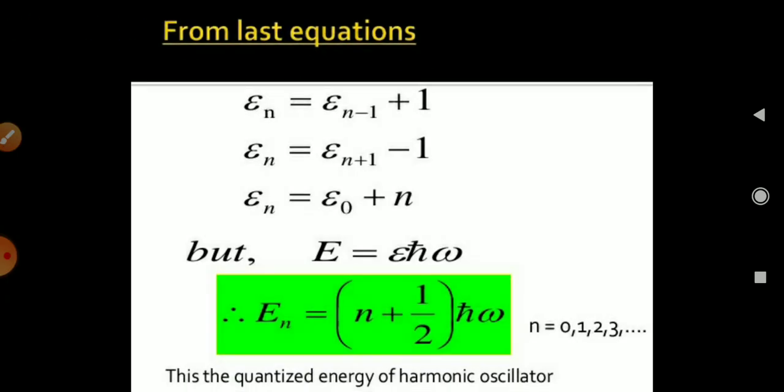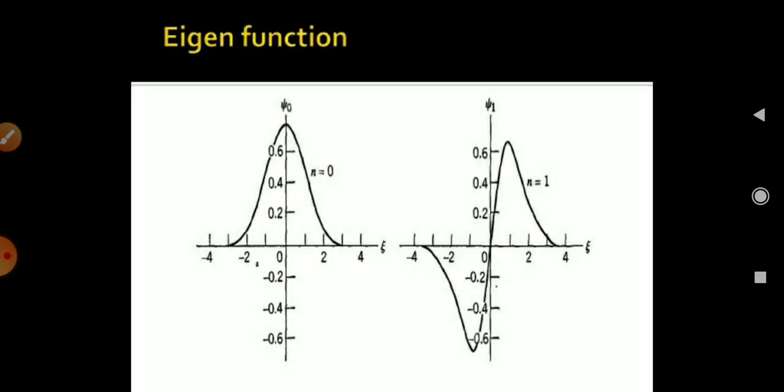And for the last equation, En equals En minus 1 plus 1, En equals En plus 1 minus 1, En equals E0 plus n, where E equals h nu, and we know that En equals (n plus 1 by 2) h nu, where n is 0, 1, 2, 3. This is the quantized energy of a harmonic oscillator.